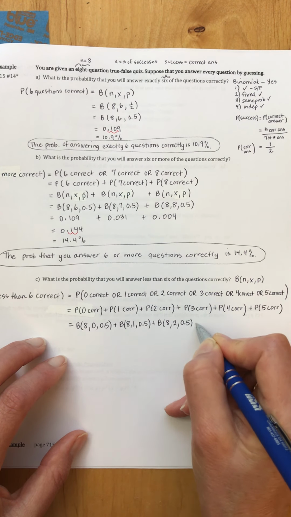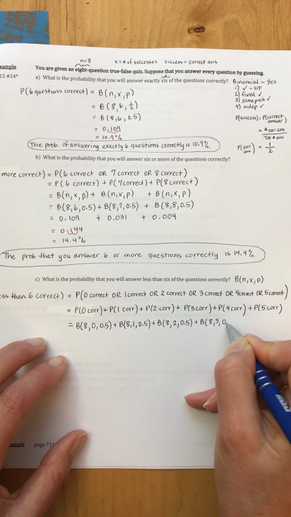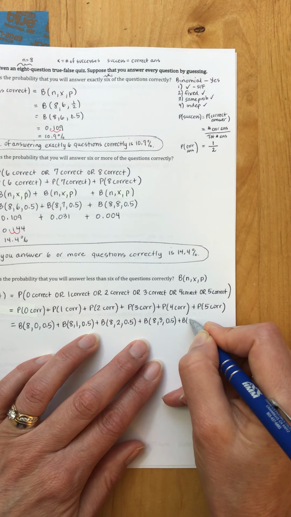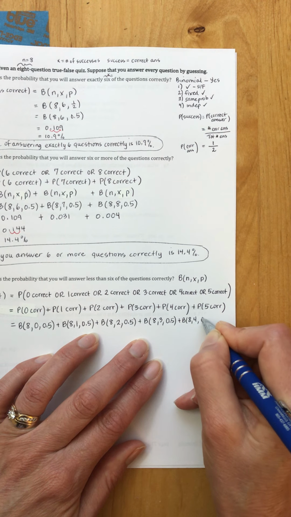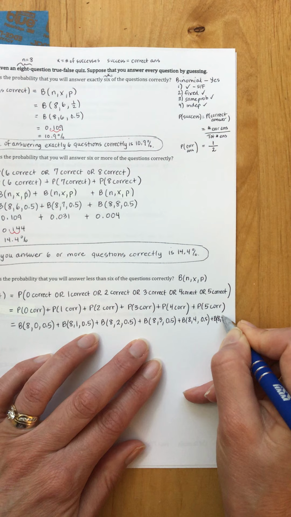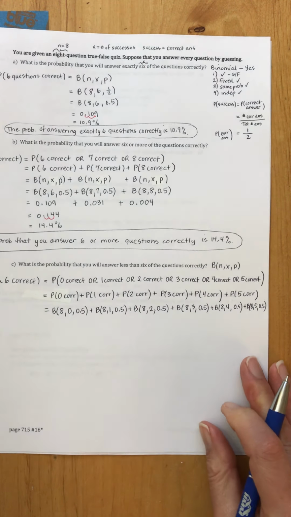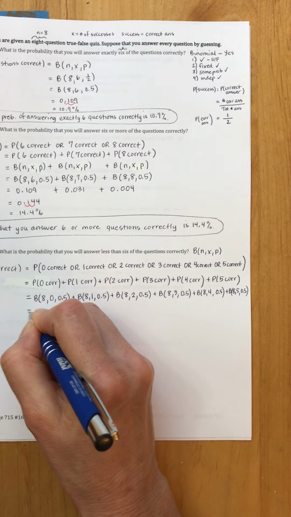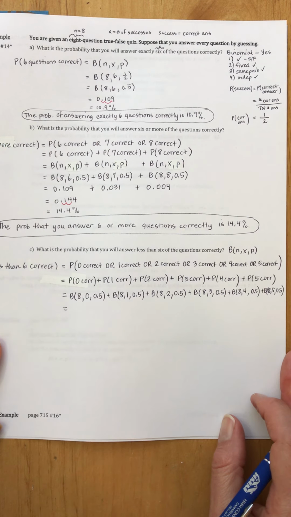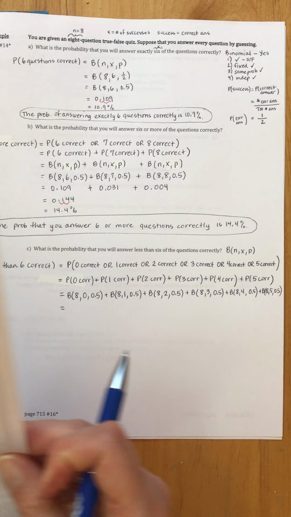Everything else remains the same. 8 and now 3, plus 8, 4, and then lastly, binomial of 8, 5, 0.5. Okay, so now we're going to use our table to find out the answers.